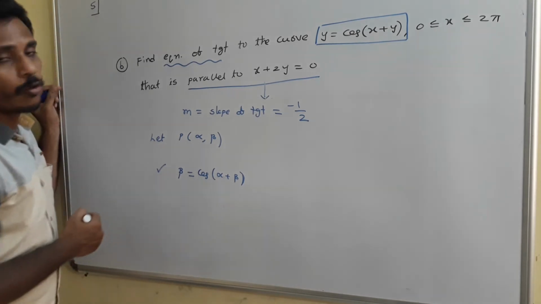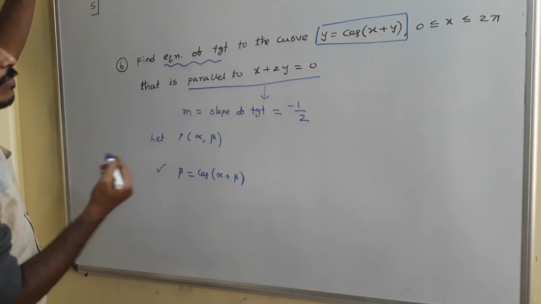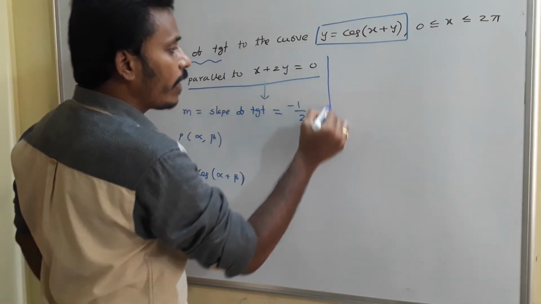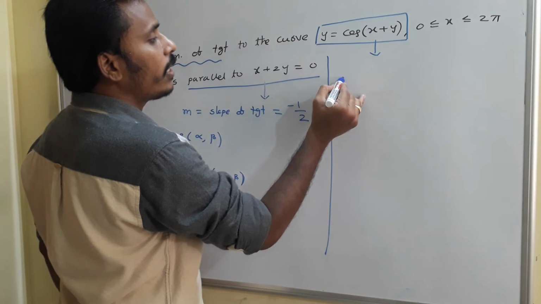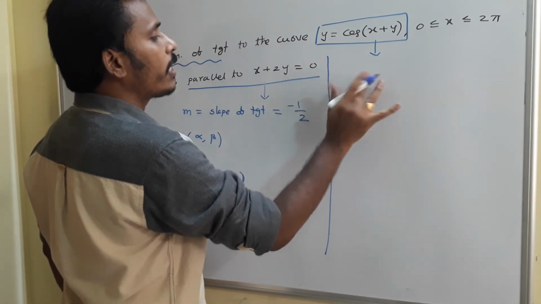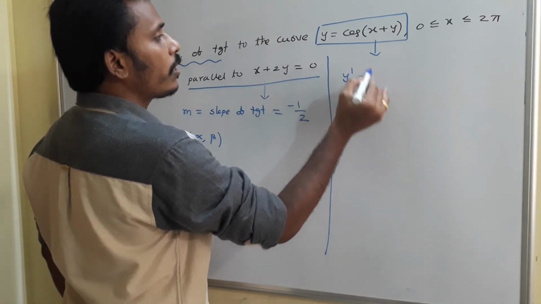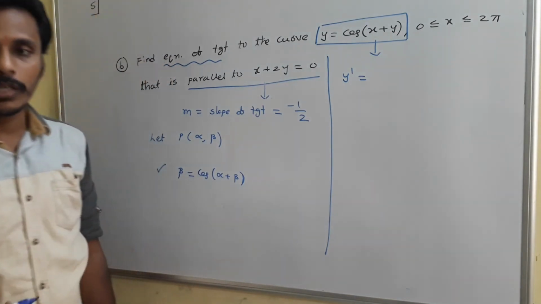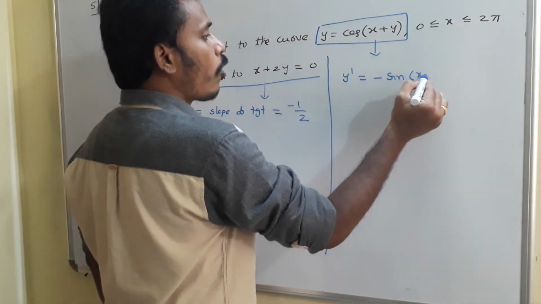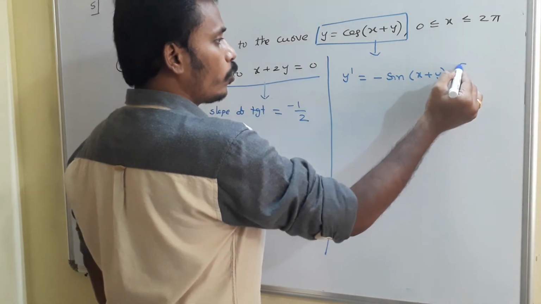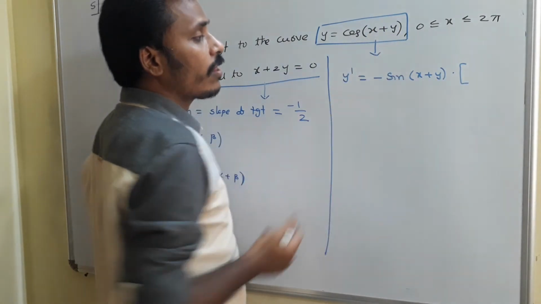And to identify the next relation, we need to apply derivative for this curve. If you apply derivative for this curve, the derivative of y is y dash or dy by dx, which equals the derivative of cos of x plus y, which is minus sin of x plus y into the derivative of x plus y.